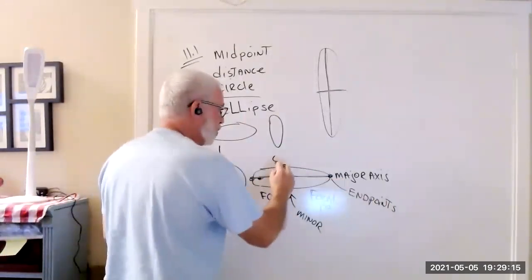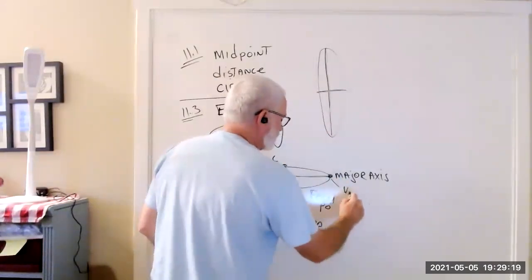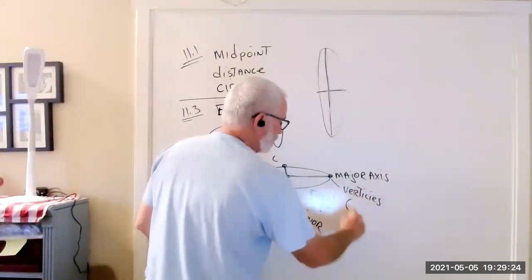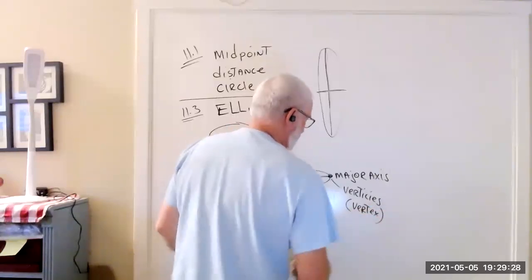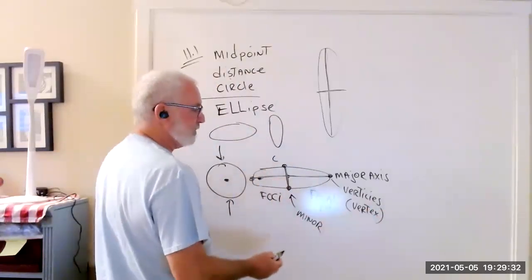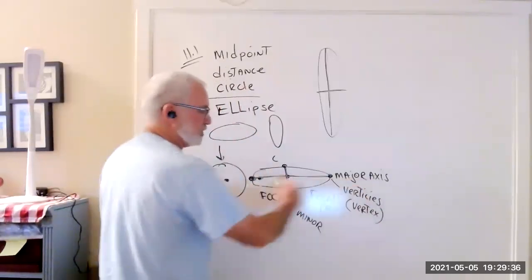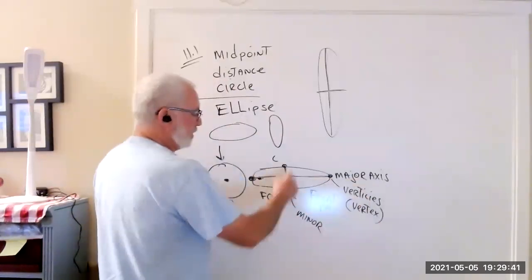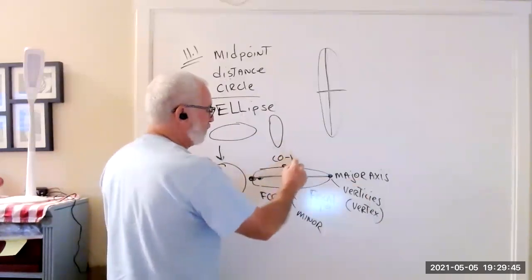They're not endpoints, they're vertices, plural of vertex. I beg your pardon, I was totally spacing on this. So when it talks about the vertices, it's always the endpoints of the major axis. That's plural, that's singular. The endpoints of the minor axis are called the co-vertices.